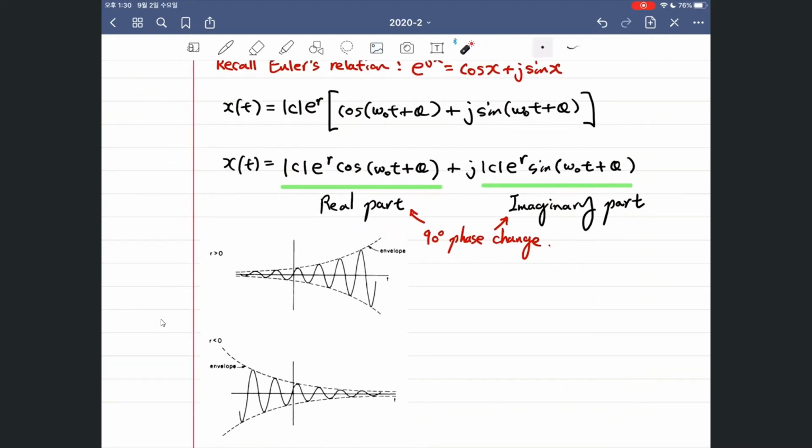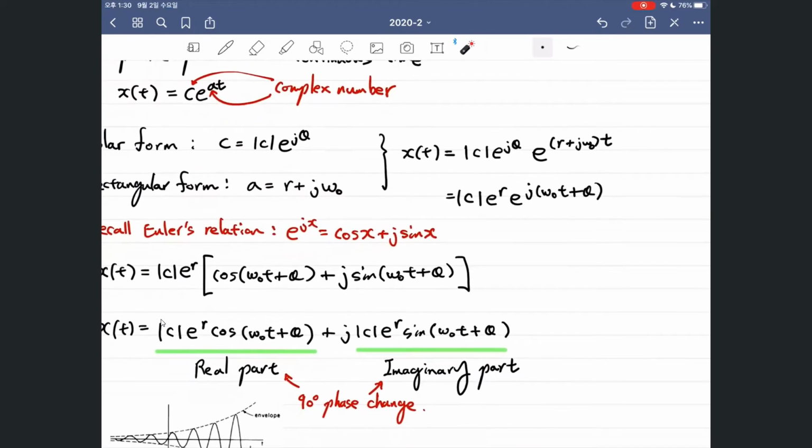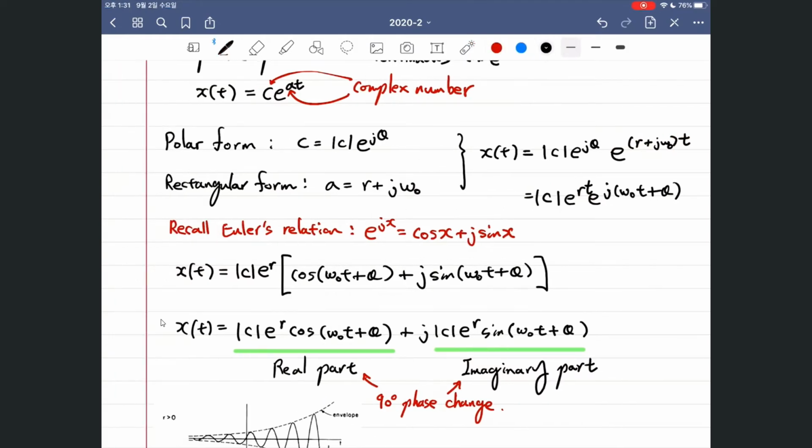The shape depends on the value of r. R is right here. I think I made a mistake. I forgot t here. I have to multiply r by t. I'm very sorry. So this one becomes rt, and rt.